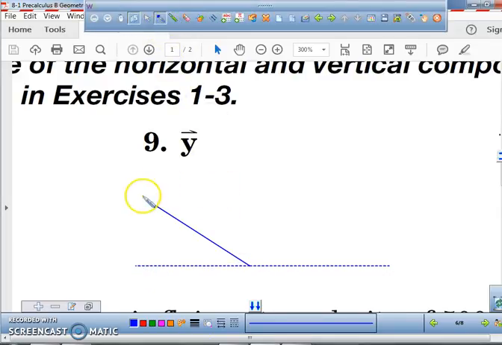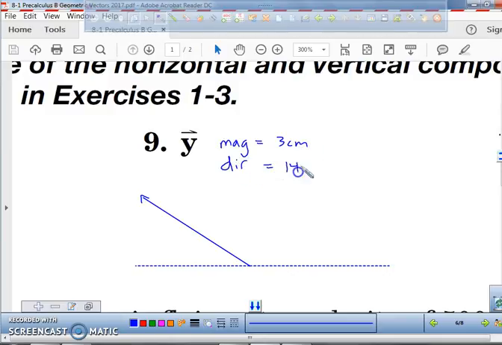By the way, for vector y, remember, what was our magnitude? Our magnitude is equal to what? 3 centimeters. What was the direction equal to? 140 degrees, which means from here to right here, that was 140 degrees.